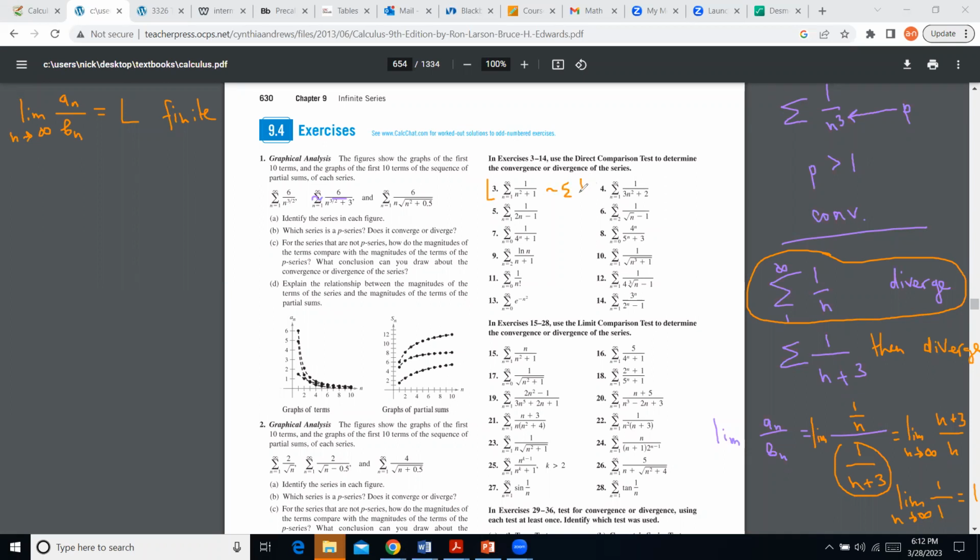analogous to 1 over n squared, right? And 1 over n squared is convergent, isn't it? Why? 1 over n squared is convergent. Well, we call it a p series, just like we started working with 1 over n cubed today. So it's a p series, power is greater than 1. So it is convergent.